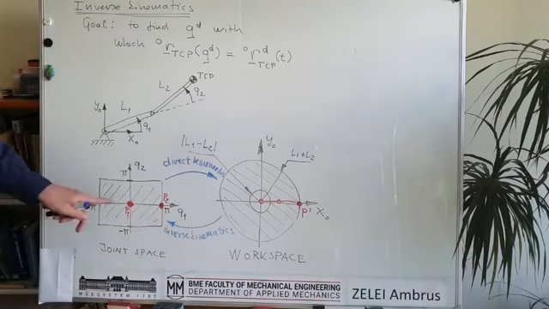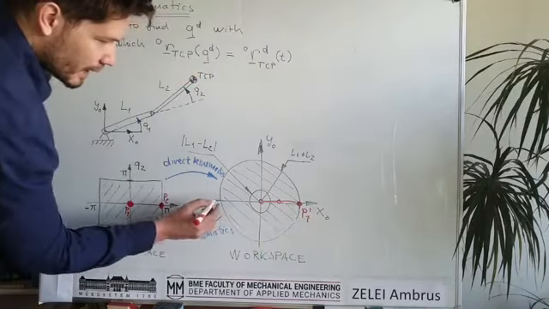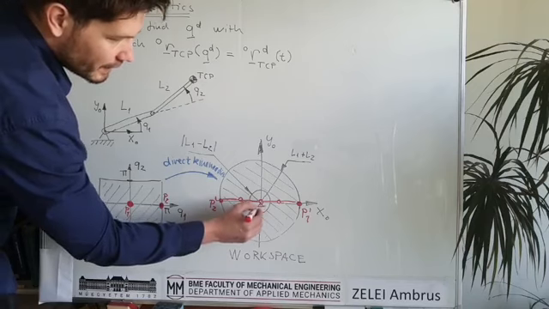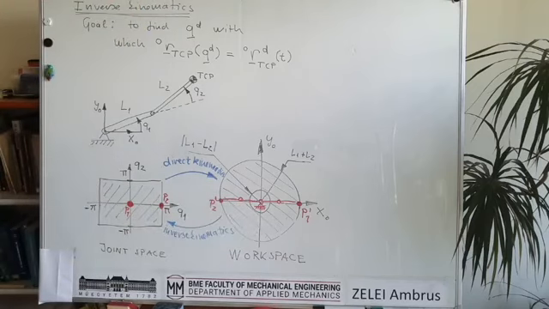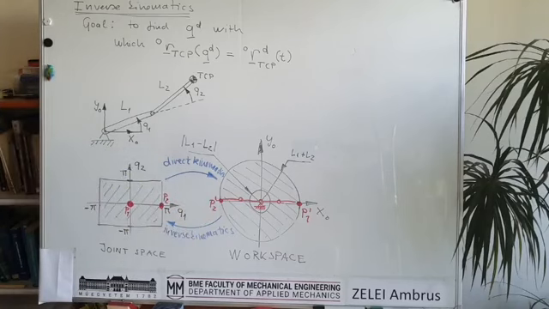It means that Q1 is pi, so it's 180 degrees, and the arm is straight because Q2 is still 0. Sorry, this was P1, and this is point P2 prime, and then the robot looks like this, okay? And this is basically here the fixed point. Okay, so this is the point corresponding to the P2, and so on.